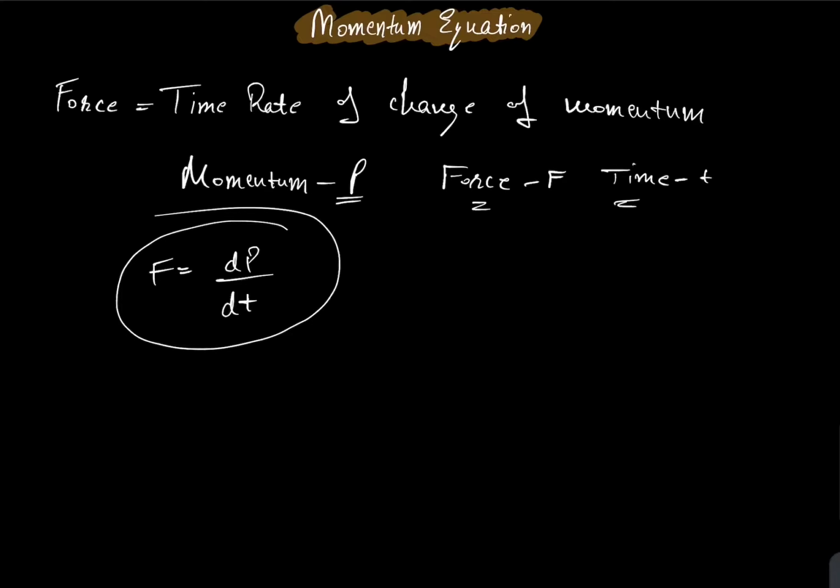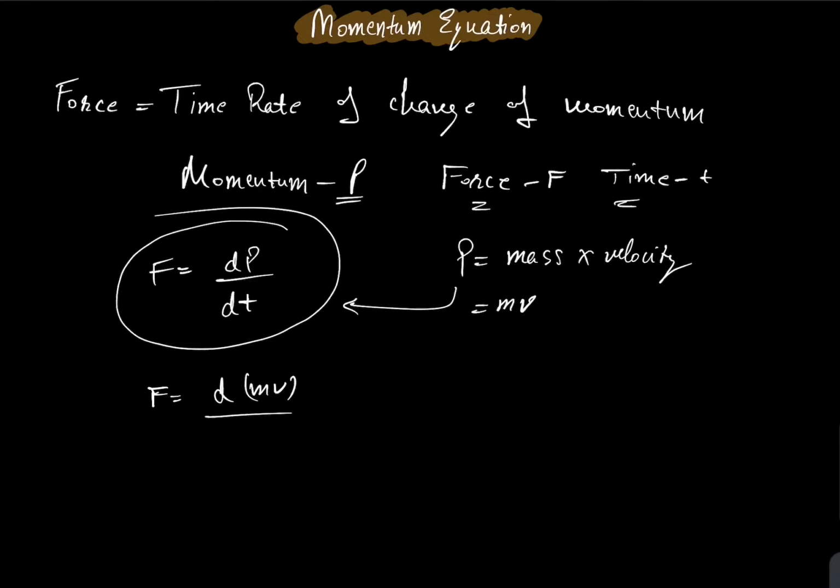Now what is momentum? P is equal to mass times velocity, or we can say P is equal to mv, right? Putting this value of P in the equation, I will get F equal to d of mv by dt. Let's say my velocity is constant, then I can write dm by dt into v.